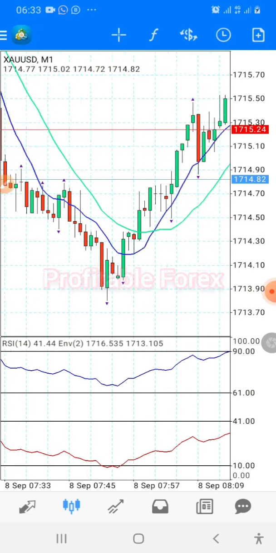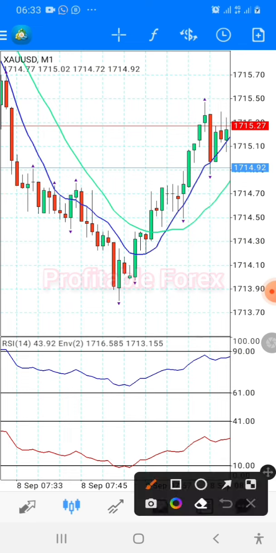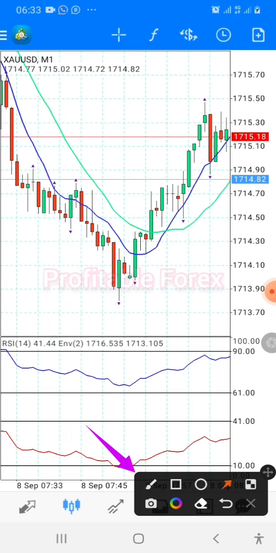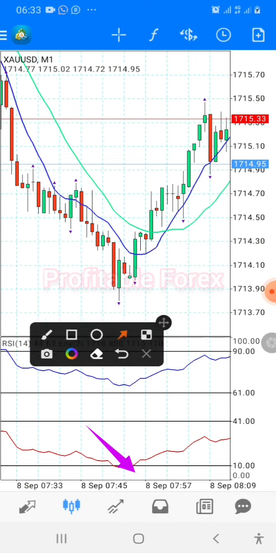Okay, so how does the strategy work? A quick one. Before taking a trade, you have to look at the lower band of the envelope, which is the red one. Make sure that the red envelope is touching level 10 of the RSI.